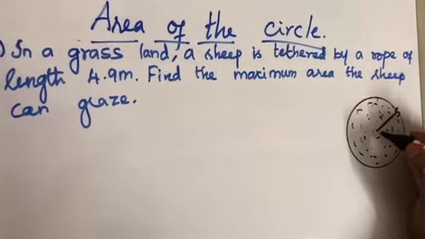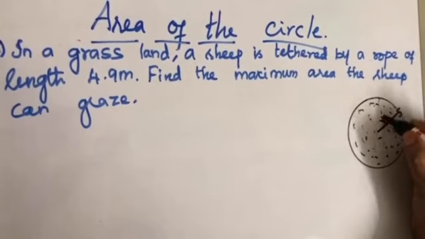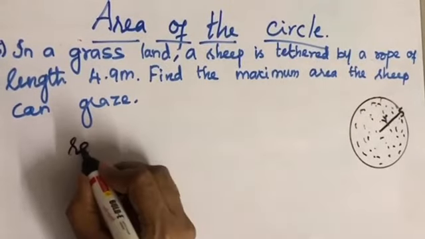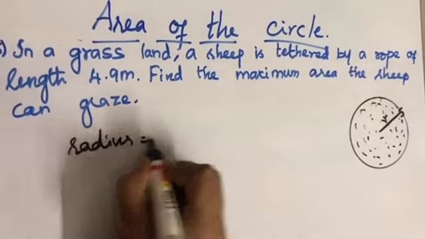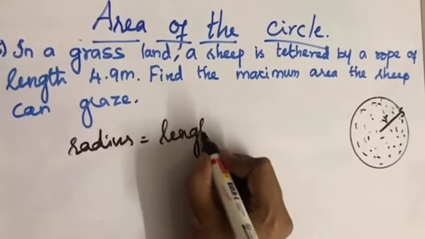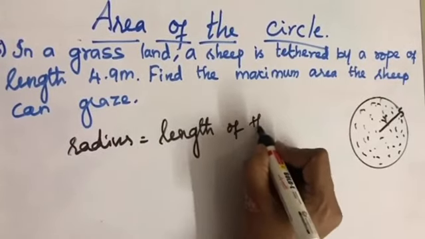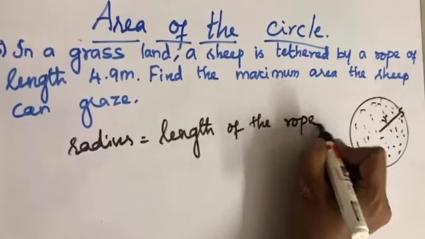So the length of the rope is the radius. So radius is equal to the length of the rope. What is the length of the rope?